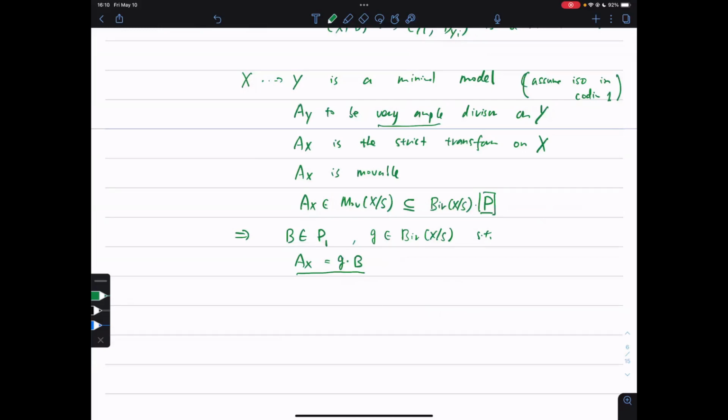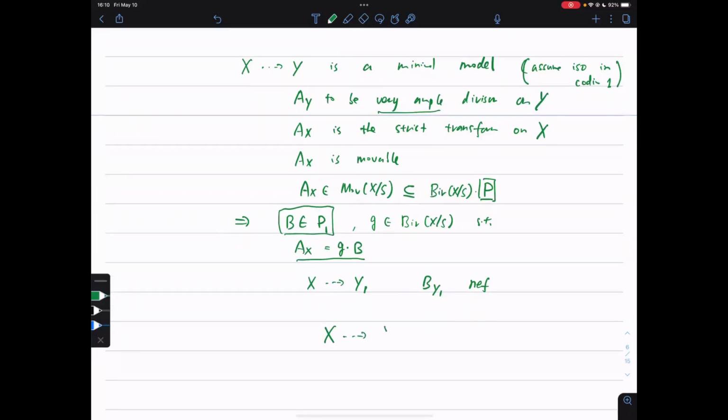Now we put this together. Recall this P_1 also corresponds to a variety, which is Y_1. The good thing about Y_1 is that if you take the strict transform, it is nef because it's a minimal model. Now we can put this together. We have this original X, this is our Y, we have a divisor A_Y here, the strict transform A_X here, and we have the action g.